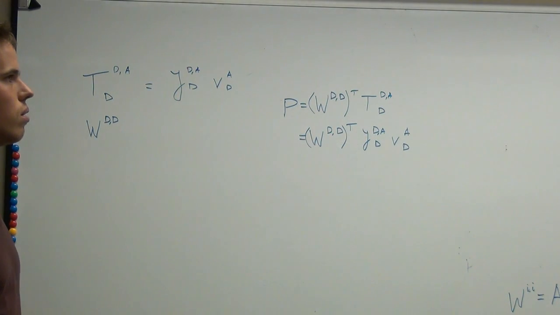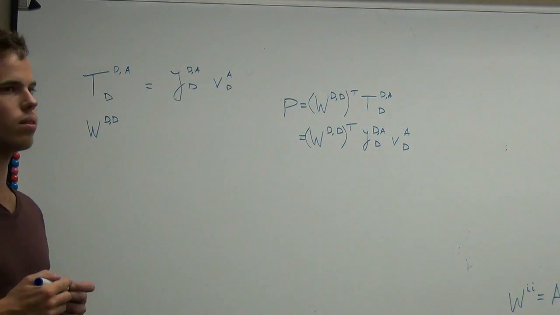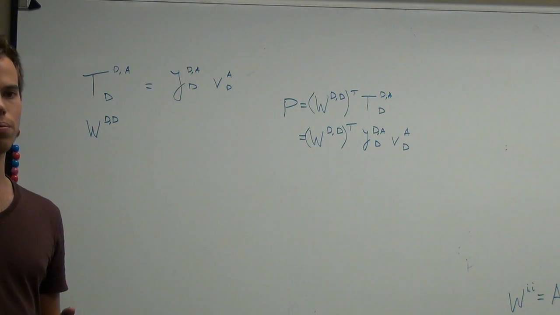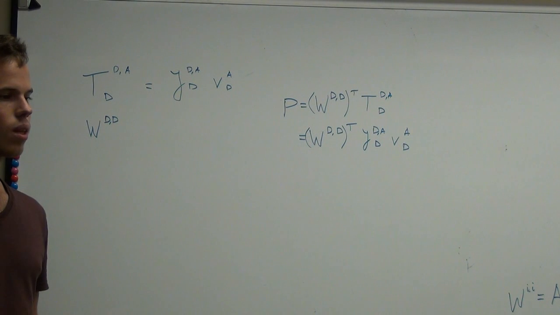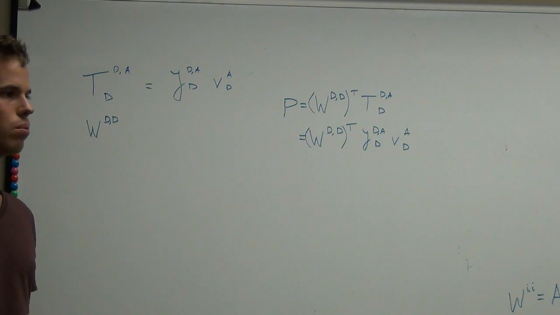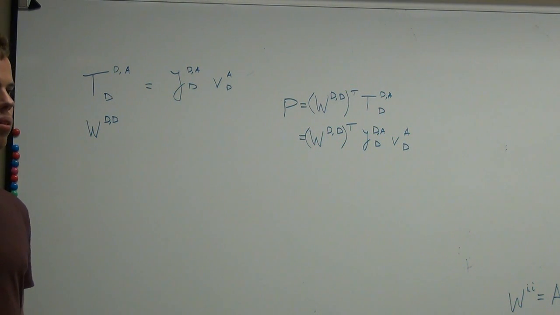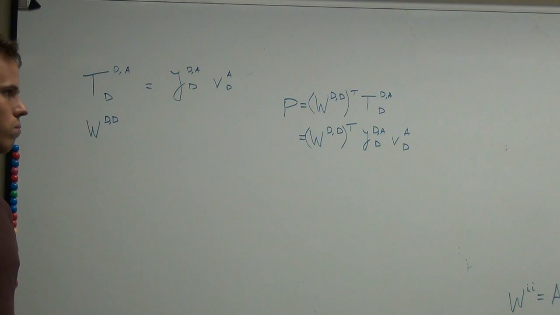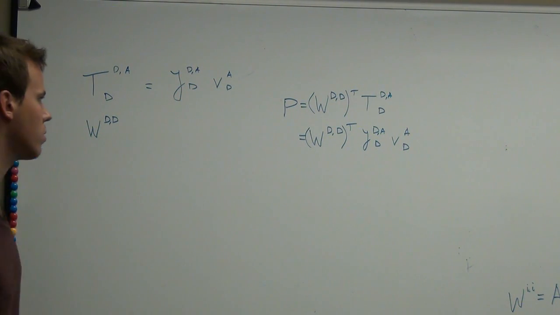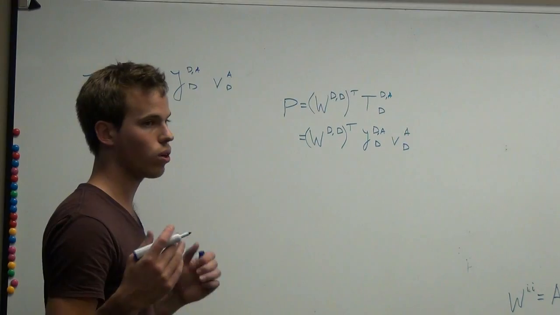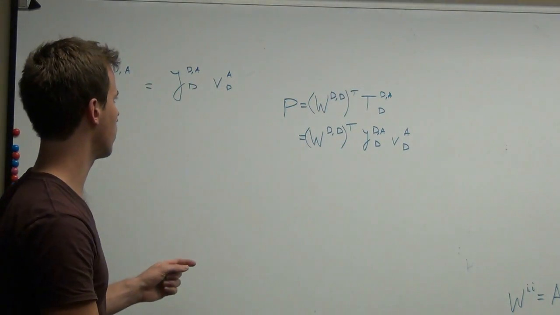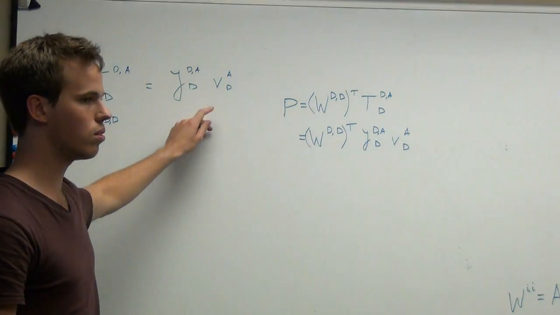Now another way to calculate the power, not exerted by, but in a mechanism, basically the power that the actuators in a mechanism deliver, is you have a joint torque vector that's co-located with these joint velocities.